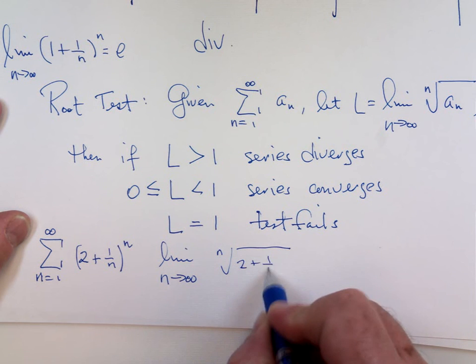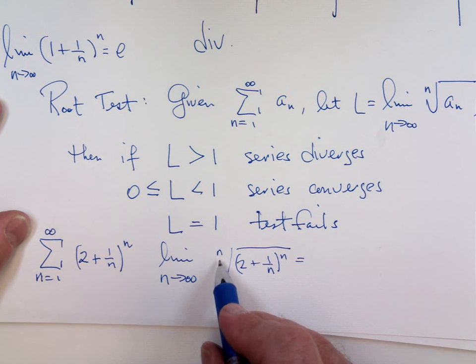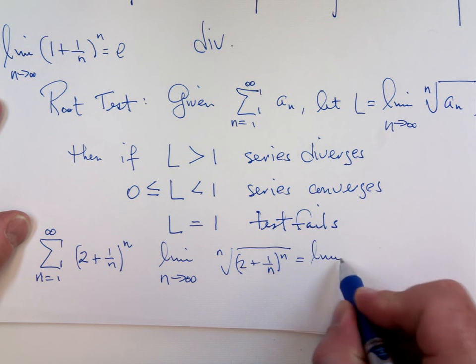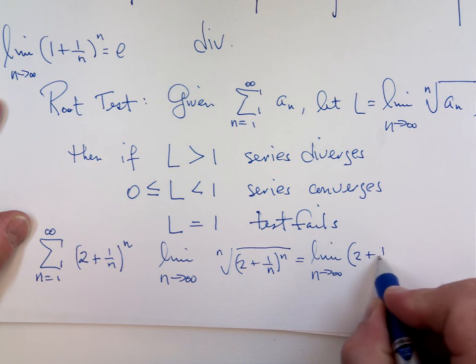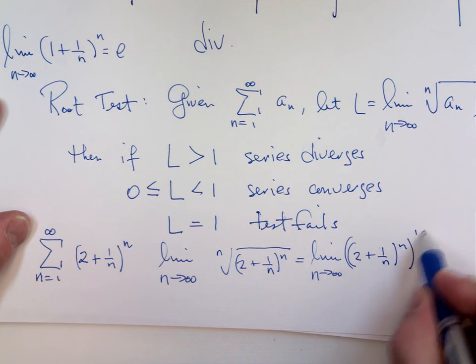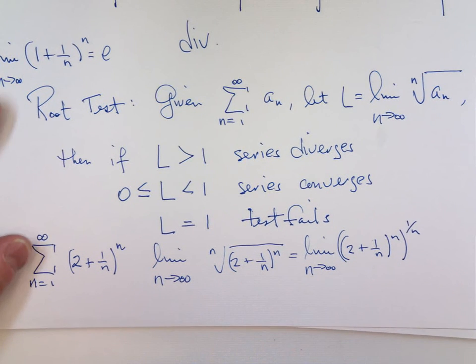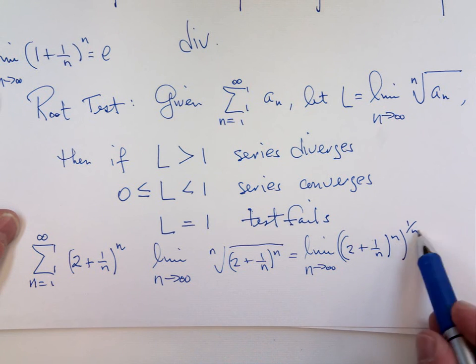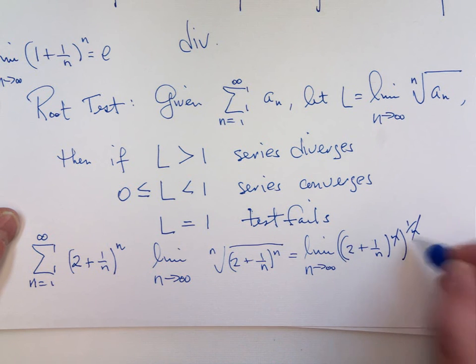You could rewrite it this way. There's the nth term. The nth root is 1 over n, the exponent. And what happens to these two? They cancel. That's the only reason for using the root test: you can use it on a term like that, where the n is out there by itself as an exponent. It will enable you to cancel it.